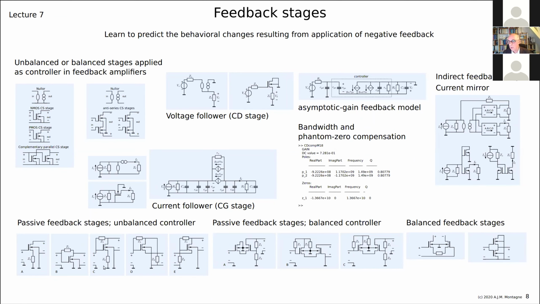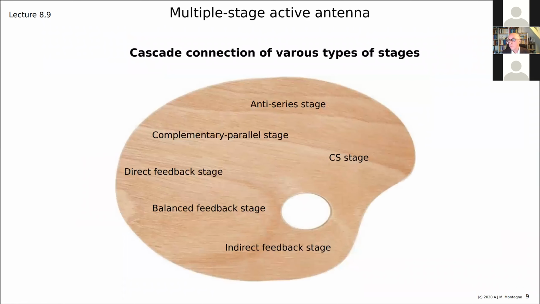Here below, you see a lot of feedback stages, and we don't have to go into detail for all these stages. No, we can simply predict their behavior from the application of negative feedback. And now we have a really interesting palette of stages. We have all kinds of stages that we can combine somehow together to create our antenna amplifier.